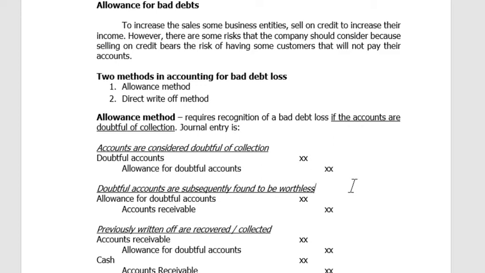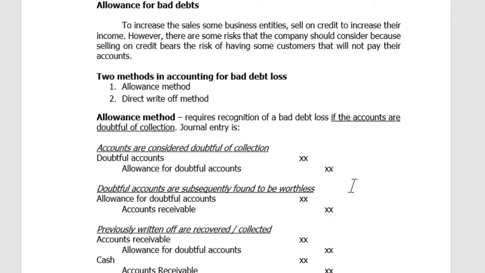You debit allowance for doubtful accounts, alisin mo na yung allowance dahil i-write off mo na siya. Bawasan mo na yung accounts receivable. At what amount? Okay. So ngayon, on the face of your financial statements and your financial position, yung accounts receivable will reflect the real balance na nakadeduct na sa kanya yung na write off na accounts receivable.